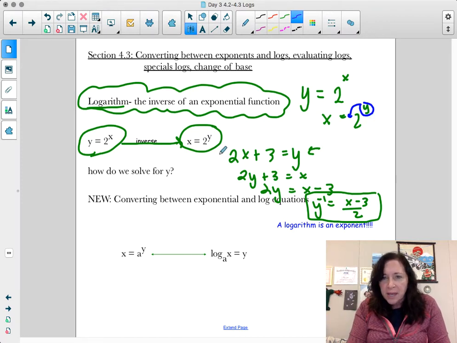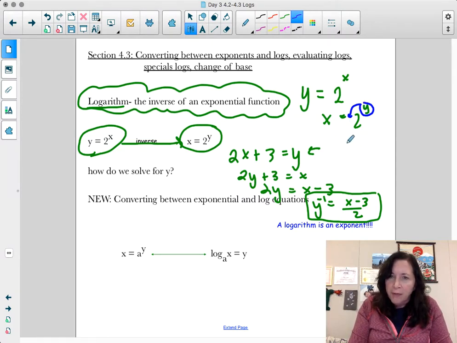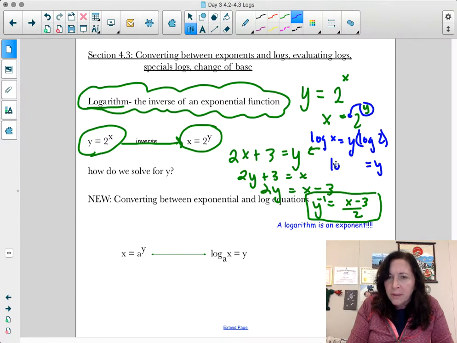Now, this being an equation, whatever I do to one side, I have to do to the other side. So when I bring this y forward, I'm actually going to get y log 2 is equal to log x. And then I would divide by this as a quantity. See that log 2? That's a quantity. And I would get y is equal to log of x divided by log of 2. And that would actually be my inverse.